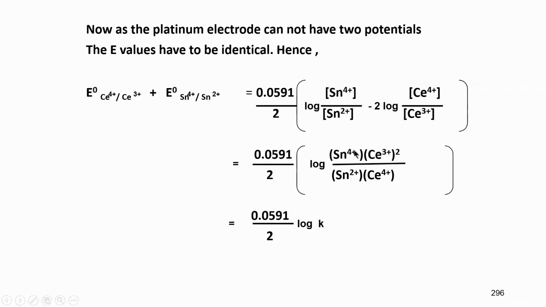And this expression, stannic stannous multiplied by cerous ceric whole square, is nothing but the stability constant, log K. So, the difference of the EMF should correspond to 0.0591 by 2 multiplied by logarithm of K, that is the equivalence point, equilibrium constant.